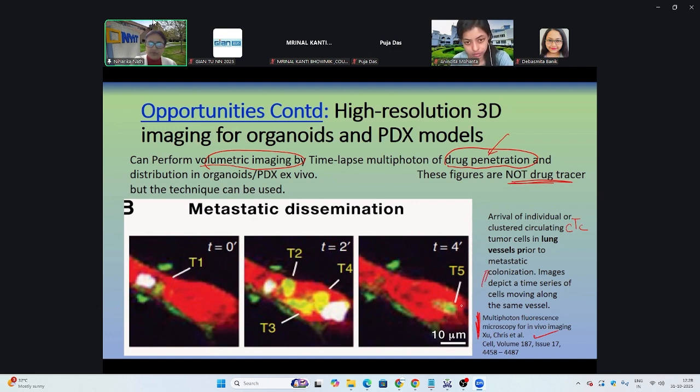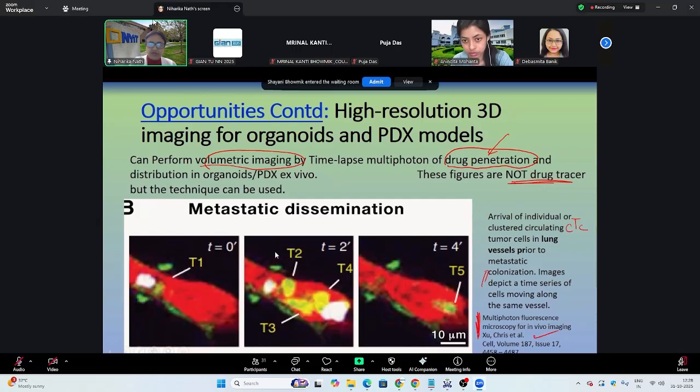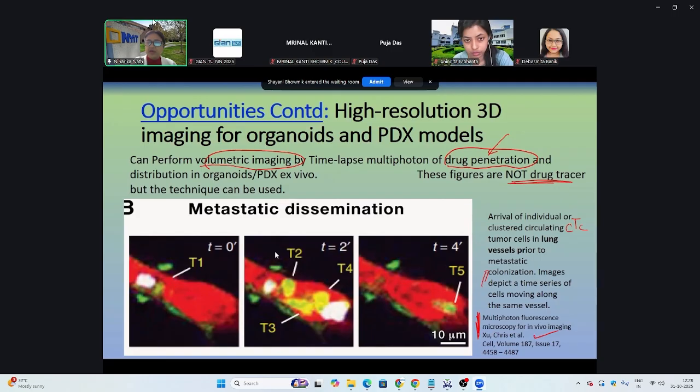The way it's showing you, it's supposed to be the green color that they are following. And in this case it is time lapse. It is being used for following a substance inside that vessel, but it could be used for a drug as well.